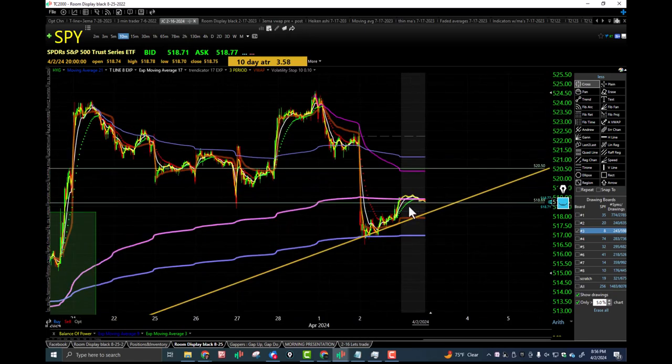Now, the tough part is how long are they going to try? Because eventually, if they don't get on top of this, they will have created a lower high, right? So what they're going to have to do is come back and give us a higher low.